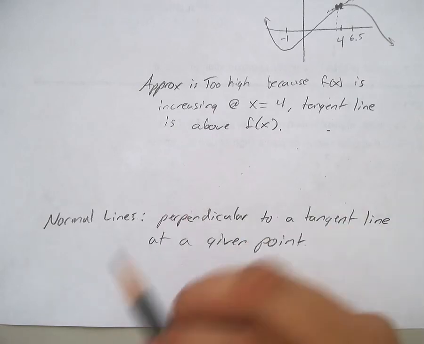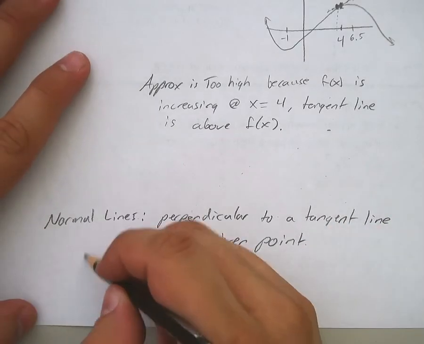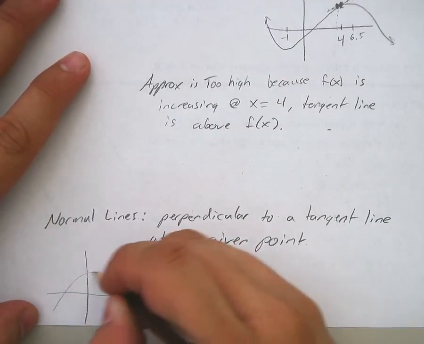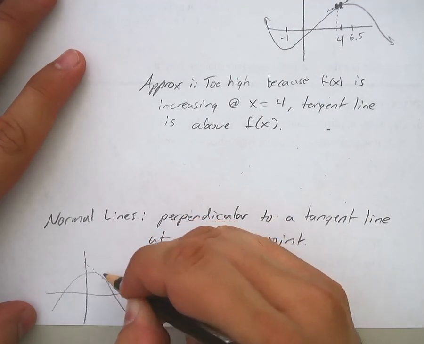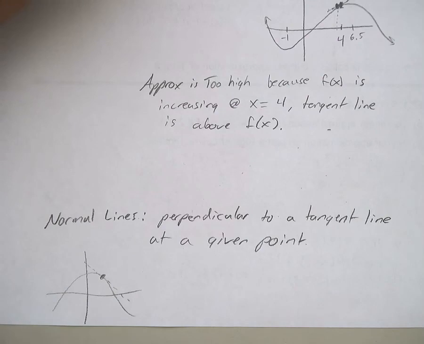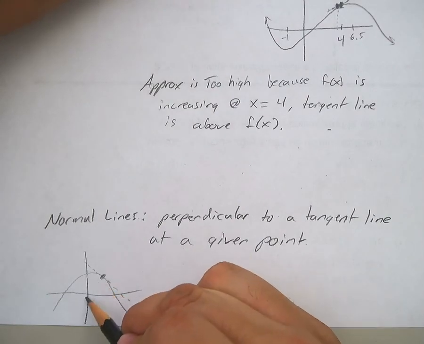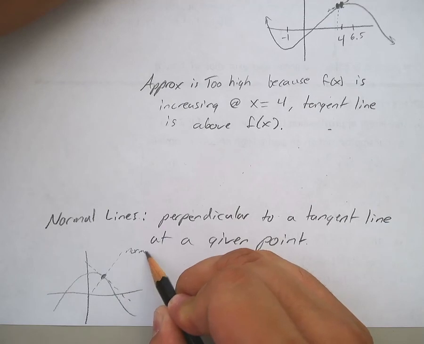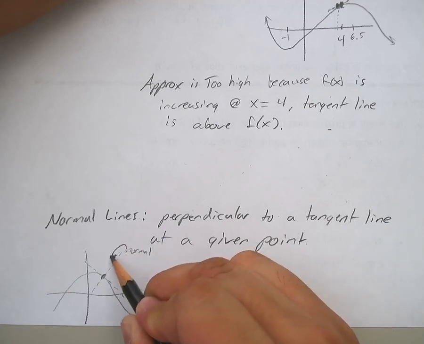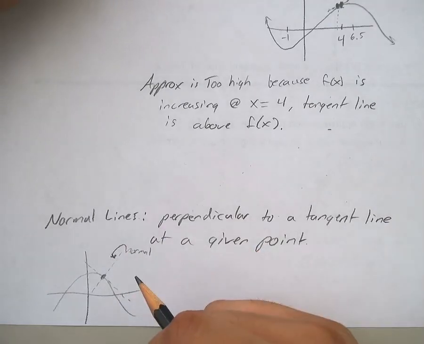A normal line, if you had a tangent line, for example, this guy right here, let's say we got a curve, here's your tangent at this point. A normal line is going to be perpendicular. We just call it a normal line.